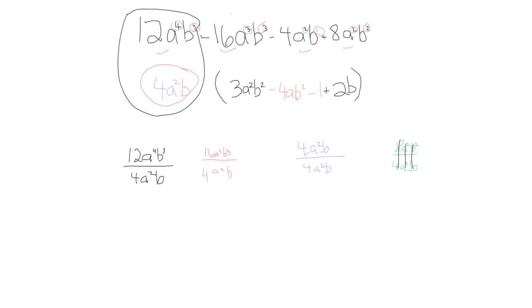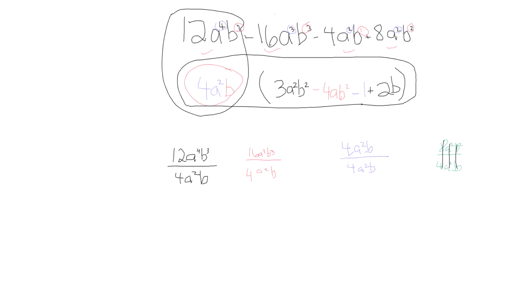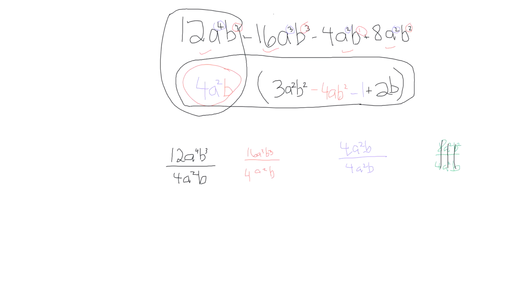So my answer is 4a squared b times 3a squared b squared minus 4ab squared minus 1 plus 2b. Does that make sense? Okay.